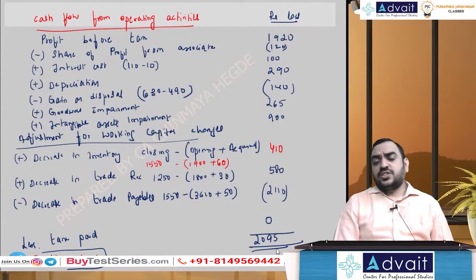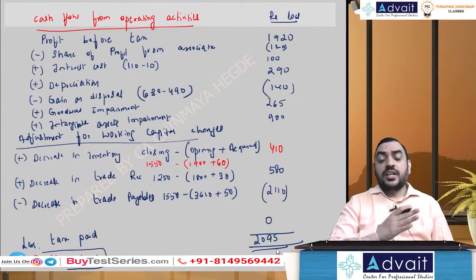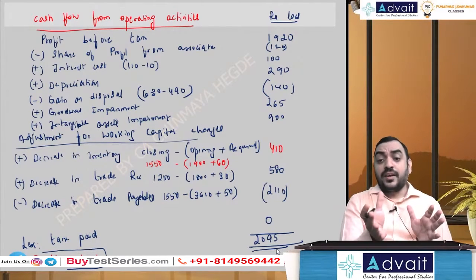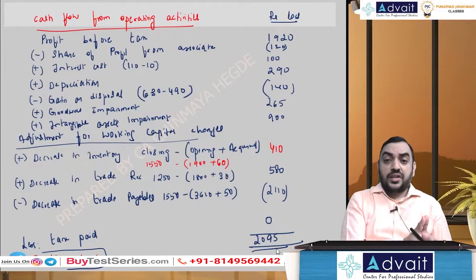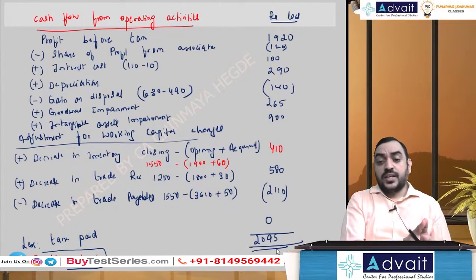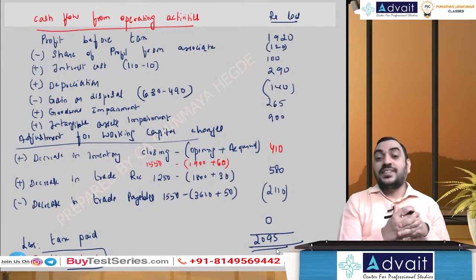They have not asked us to prepare the full cash flow statement. Of course, the complicated part was this only. And also they have not given the full data for us to prepare the cash flow statement. However, for understanding these concepts, I will prepare an extract of investing activity and an extract of financing activity relevant for these adjustments at least.